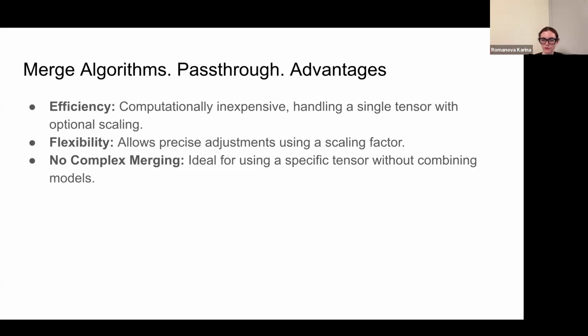Also, by leveraging the strengths of specialized models, the pass-through approach can achieve high performance across a diverse set of tasks, as each submodel operates within its area of expertise.